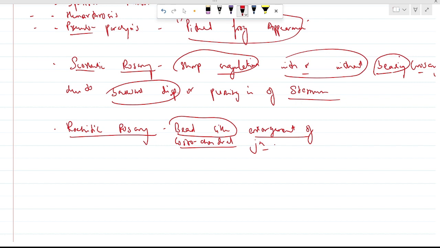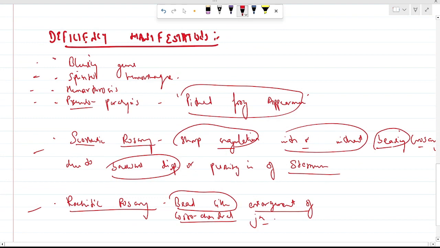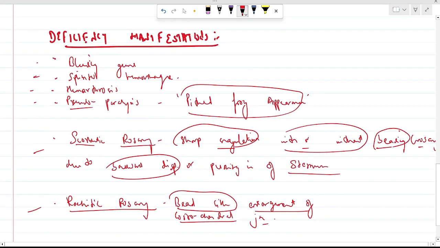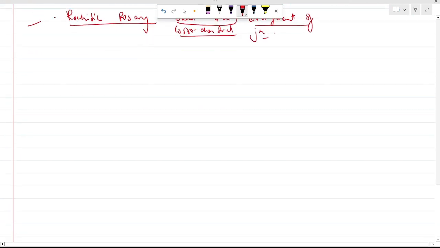Bead like enlargement of costochondral junction in rachitic rosary. Inward pushing or backward displacement of sternum with or without beading, scorbutic rosary. So these are some of the early deficiency manifestations of vitamin C.